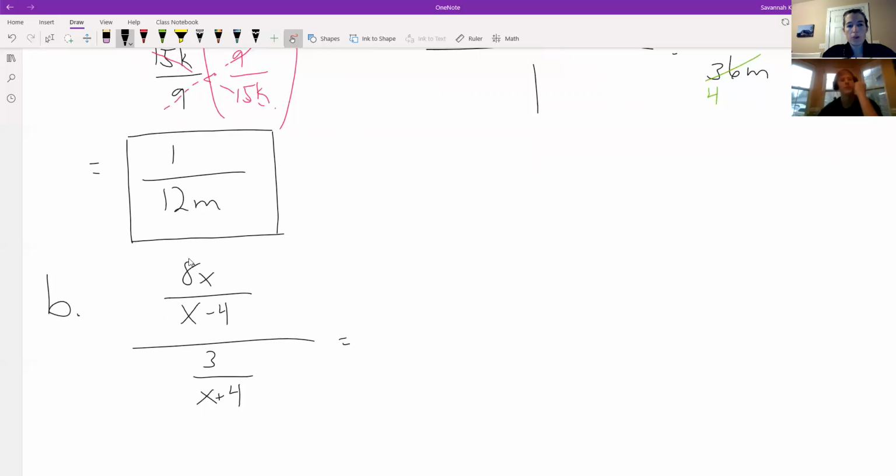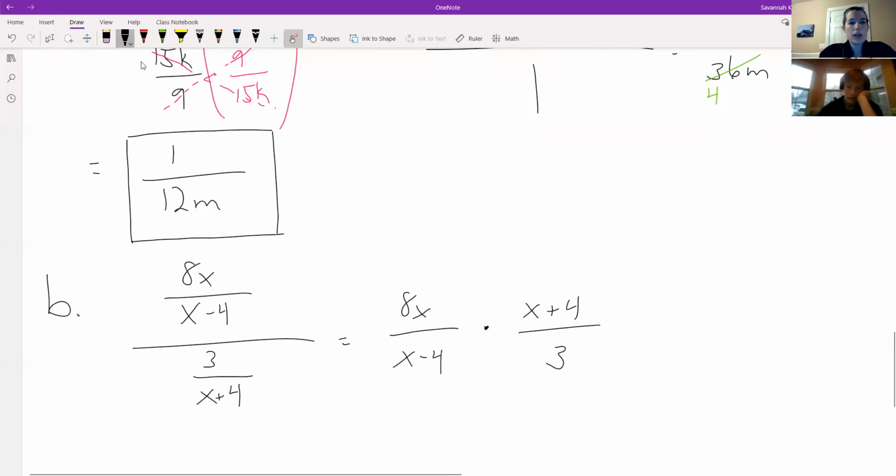So top fraction divided by 3 over x plus 4 is the same thing as top fraction times the reciprocal of the bottom fraction. So we just always rewrite the top. The top stays as it is. It's that bottom fraction that turns upside down.